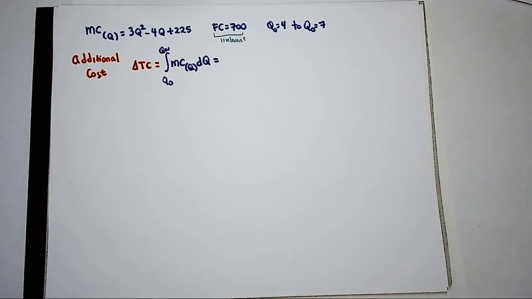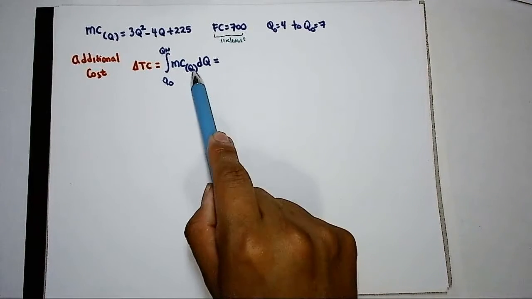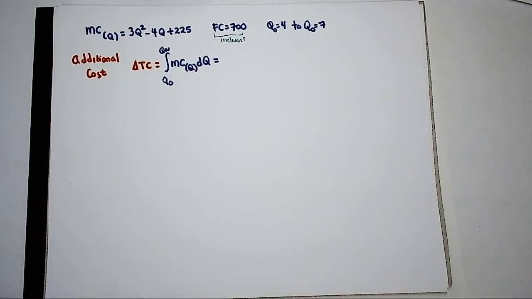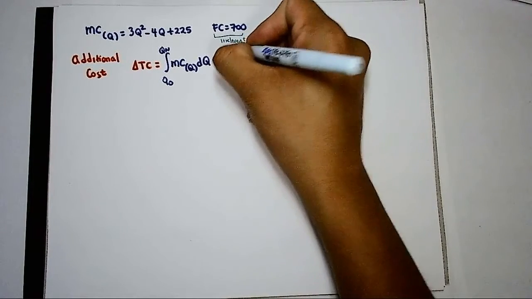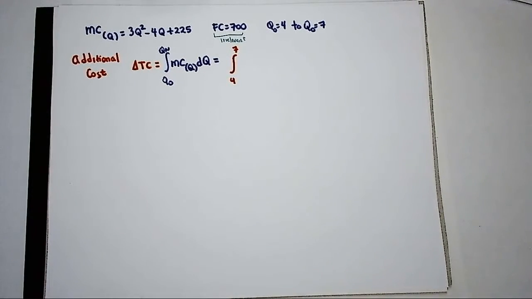And in the case of definite integrals, constants cancel each other. Now let's proceed to replace the marginal cost and the ranges. Here we're going to integrate from 4 to 7 our marginal cost.